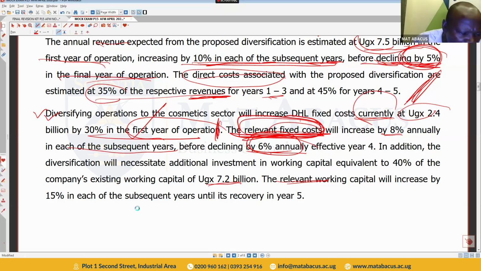But remember, there is inflation. Therefore, we go and do working capital.